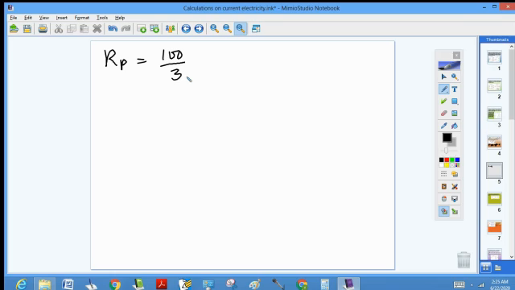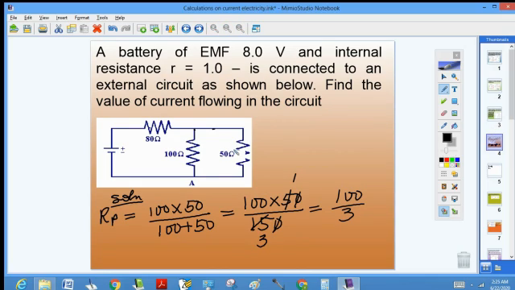Continuing with that, we have to find the R total. R total will be in series. That is what we have resolved here, which gave us 100 over 3, plus this one.